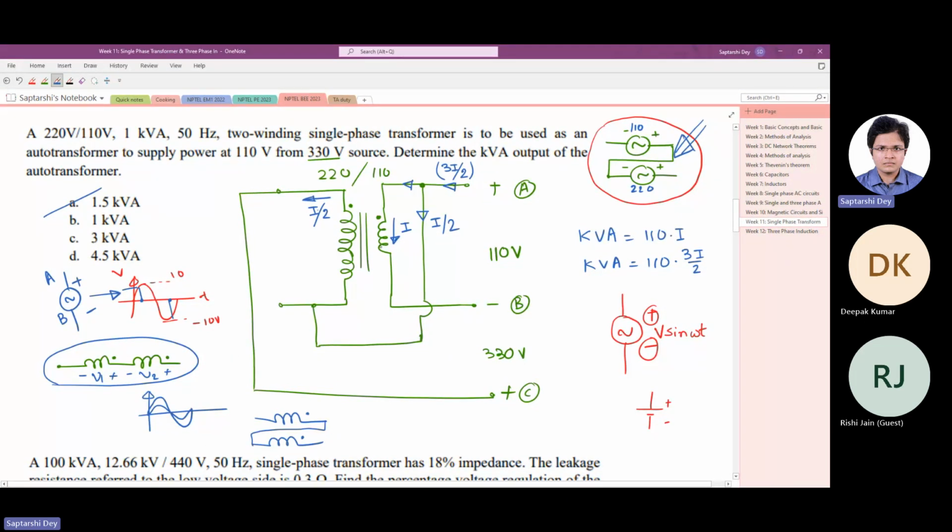Now you compare this diagram with the connection of the auto transformer that I have shown. Is it clear, Deepak?